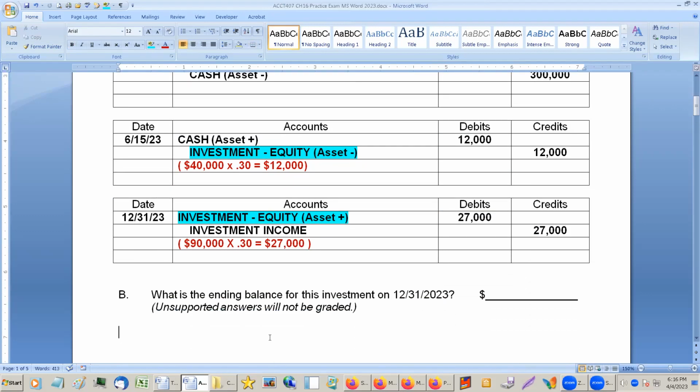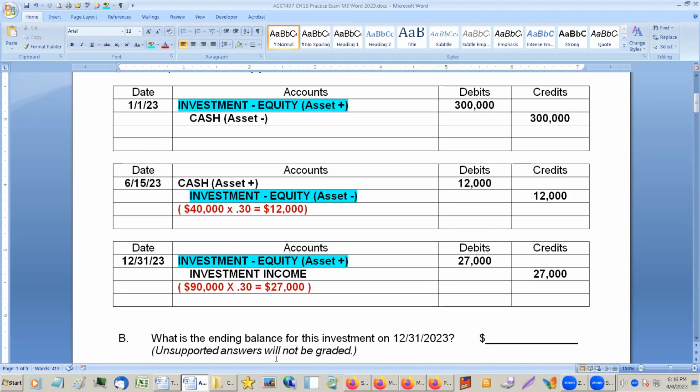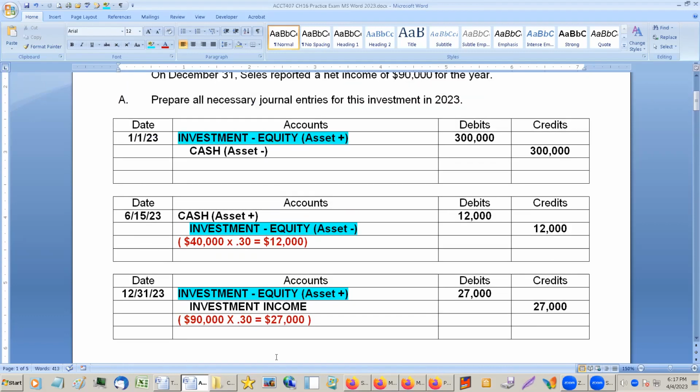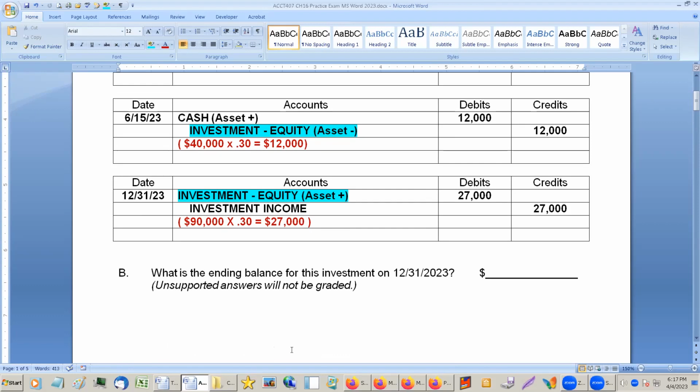What's the ending balance in it? Well, we started out with what, 300,000?